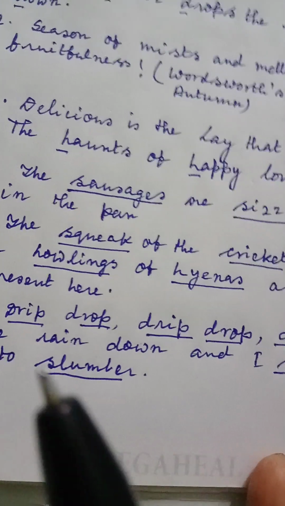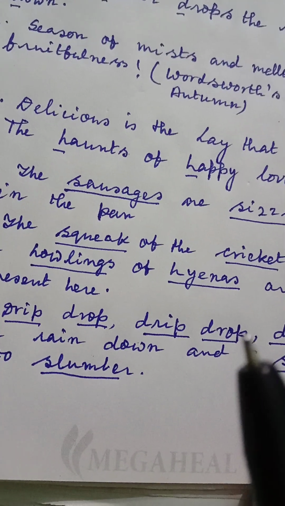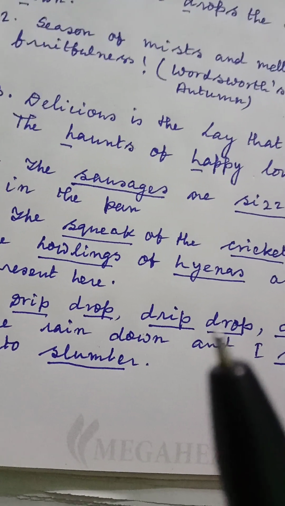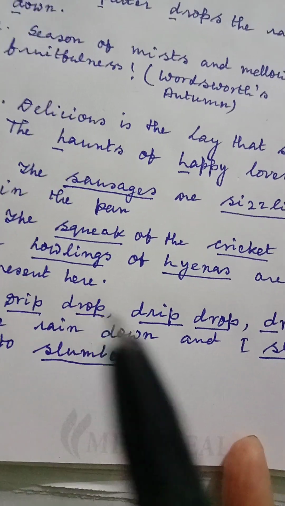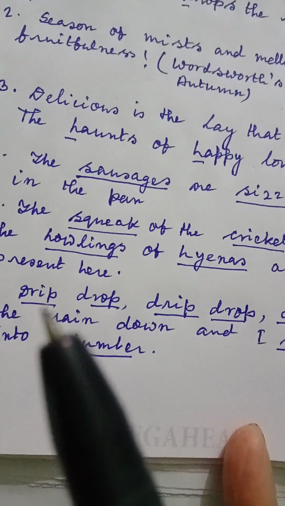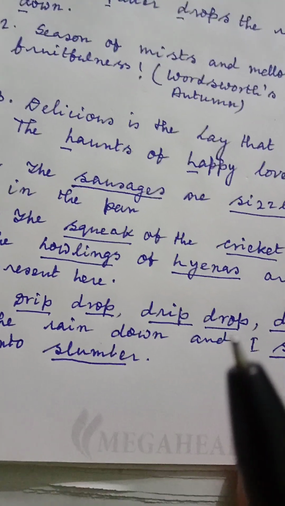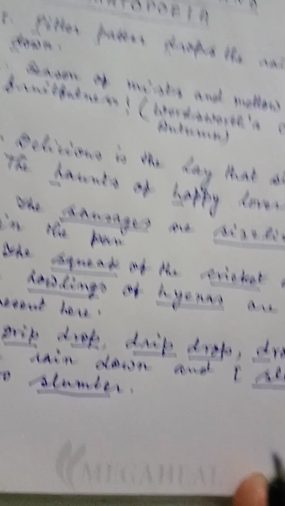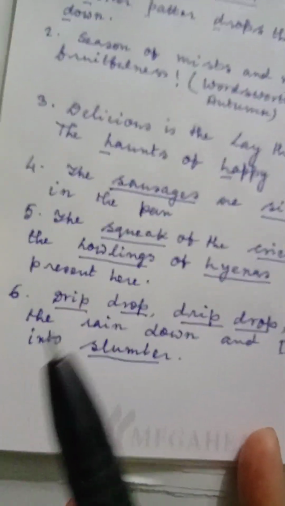these four words are alliterative. It is creating a musical effect on the line, drip drop, and at the same time it is onomatopoeic because it is suggesting the sound of rain. I slip into slumber.